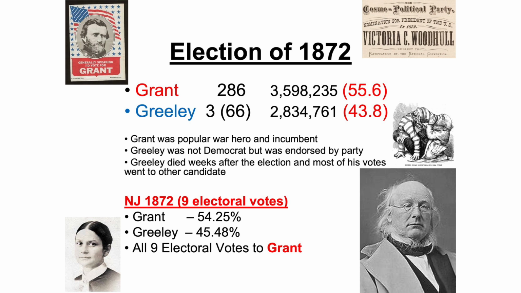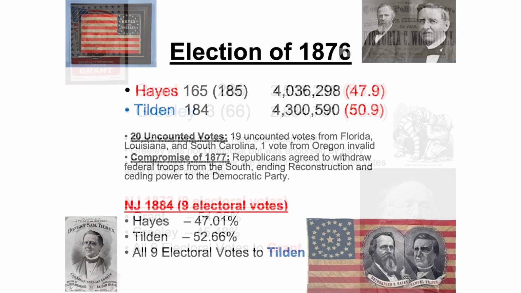He did end up getting 66 electoral votes, but within a month after the conclusion of the election, he died as well. And so it created this constitutional crisis. What do you do when a presidential candidate dies? In this case, 63 faithless electors threw their votes towards Grant because they figured it was a foregone conclusion, and he would have won anyway.